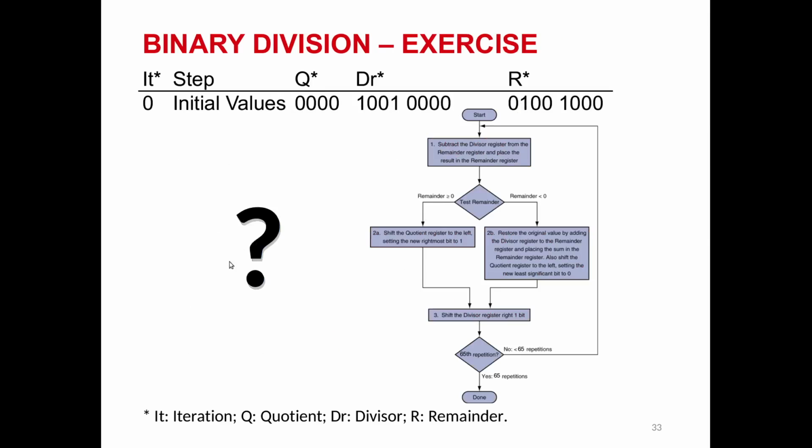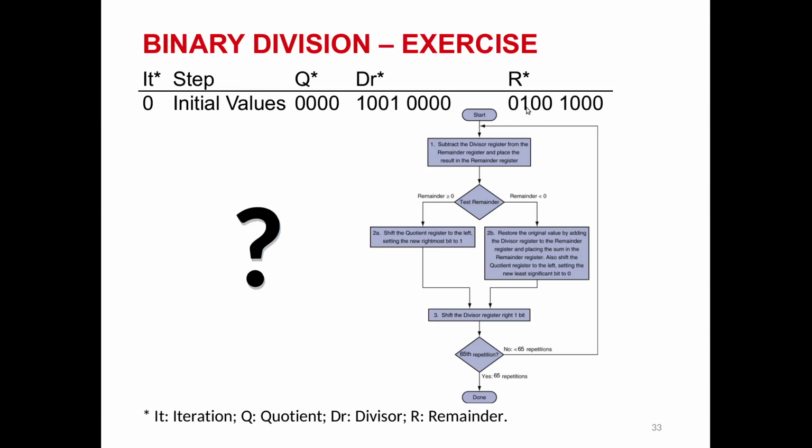The remainder is our exercise. We will apply the same algorithm to this value of divisor 1001, and the remainder, that is 0 1 0 0 1 0 0 0.